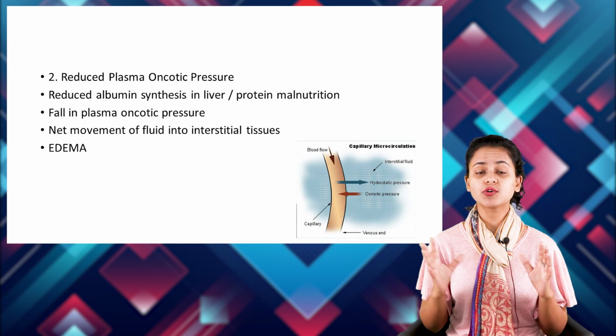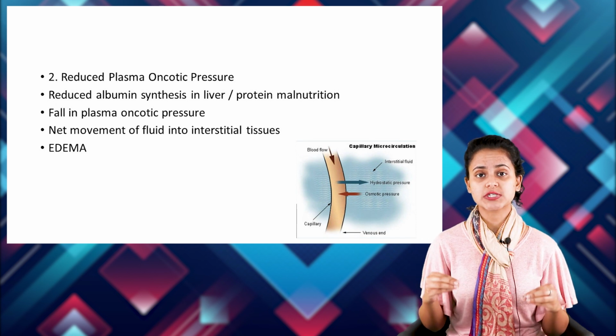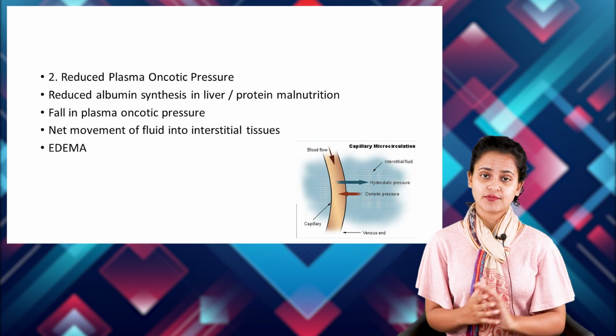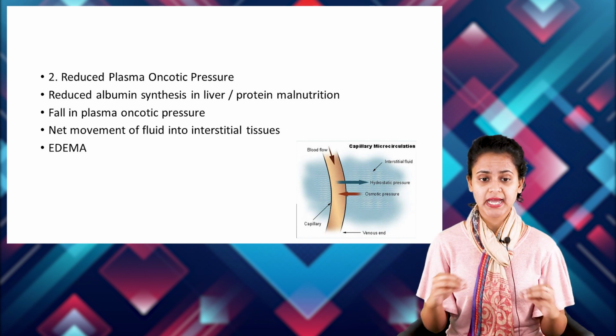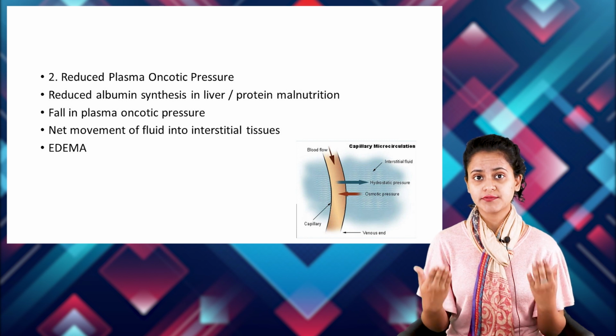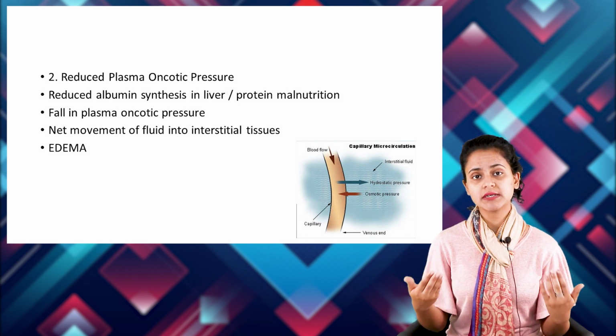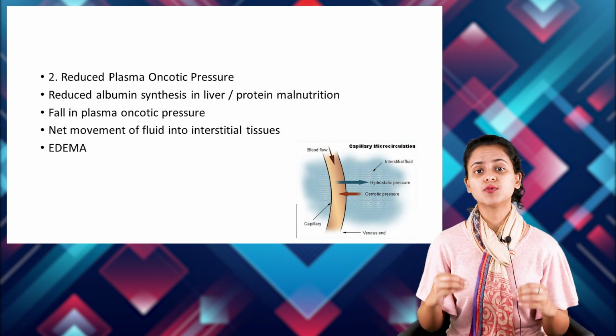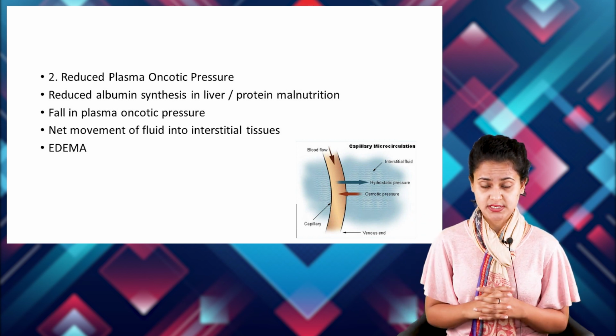Next, we are going to see how reduced plasma oncotic pressure develops cases of edema. Here, we see a reduction in albumin synthesis by the liver, or maybe due to protein malnutrition, there will be less albumin or other proteins present.